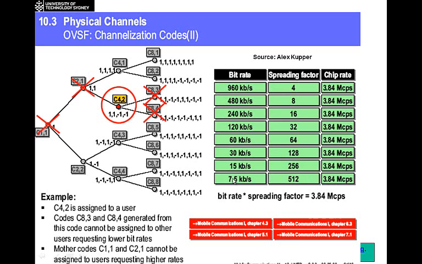Whereas if you're transmitting data at a lower data rate and you're using a very high spreading factor code, you can afford to transmit at a lower power. So the higher the data rate, the higher the transmit power; the higher the spreading factor, the lower the data rate. Remember this relationship between data rate, spreading factor, and transmit power.